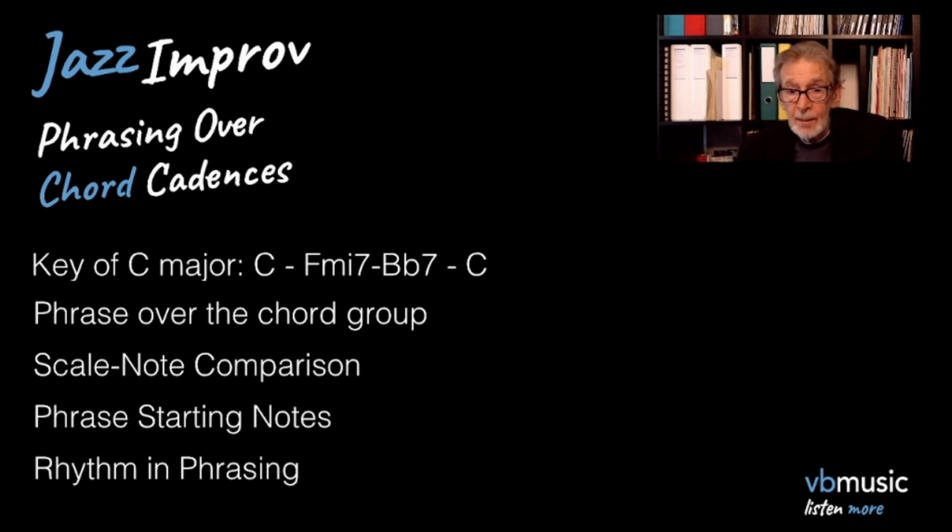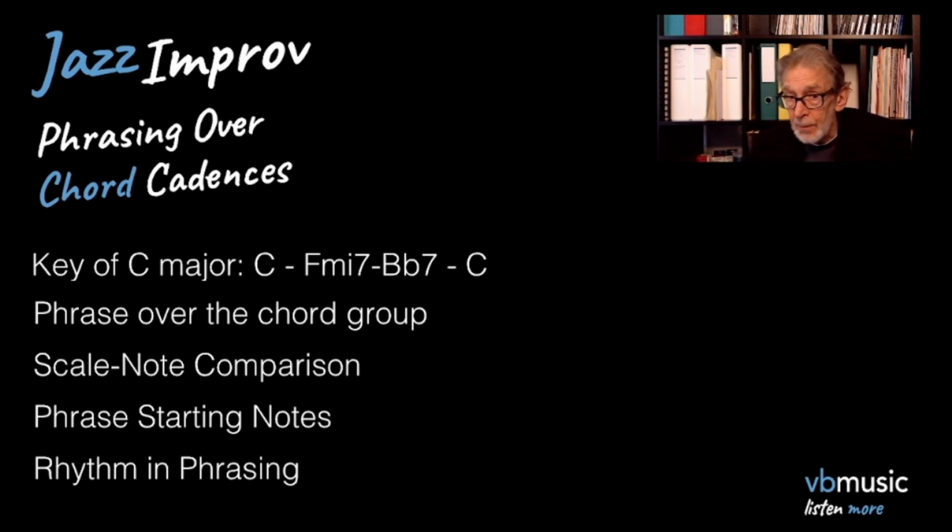Okay, so let's take that little motif. Now, what if I change my chord now to F minor 7, B flat 7? Why not? So let's say 3, 4. So that motif can be repeated.